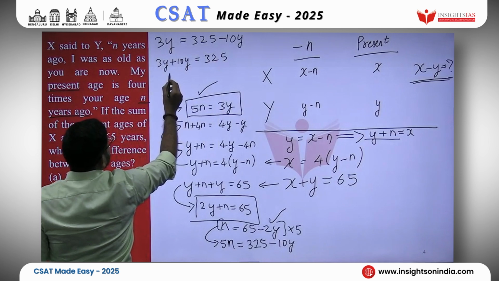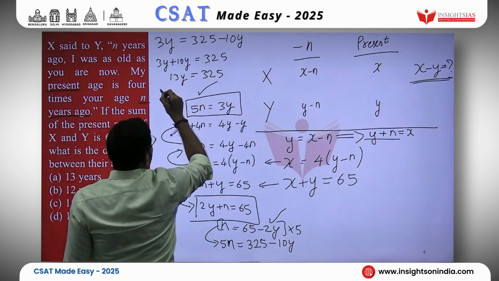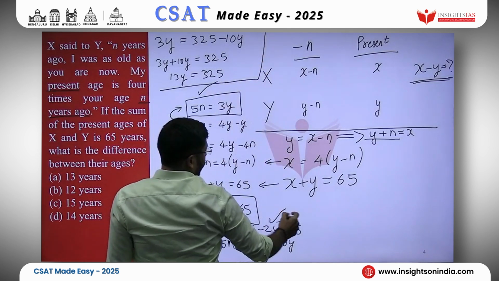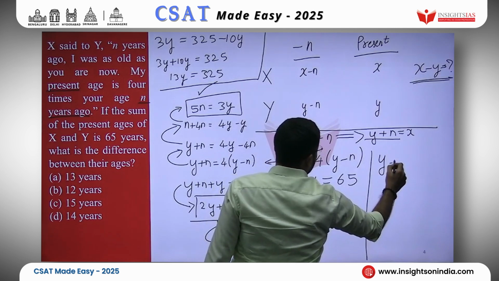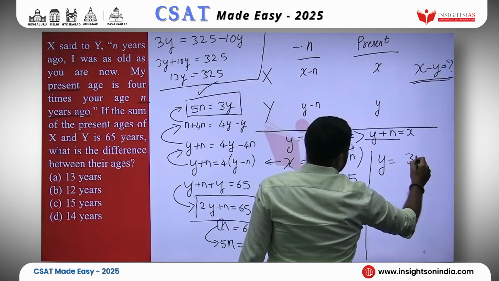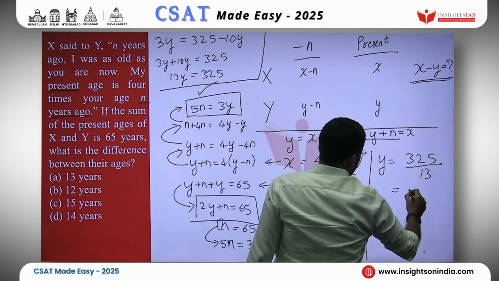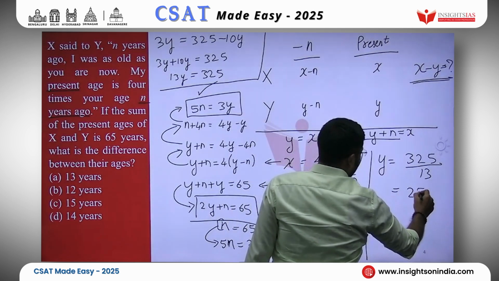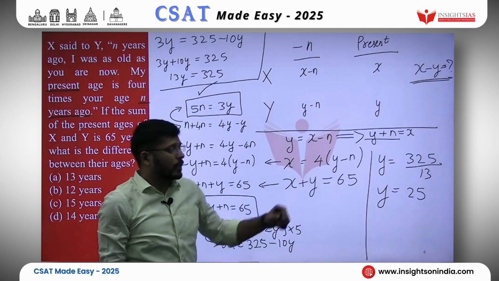So what is 3 plus 10? 13y is equal to 325. So what will the value of y be? 325 divided by 13. 13 2s are 26 and 13 5s are 65. So the value of y came to be 25.